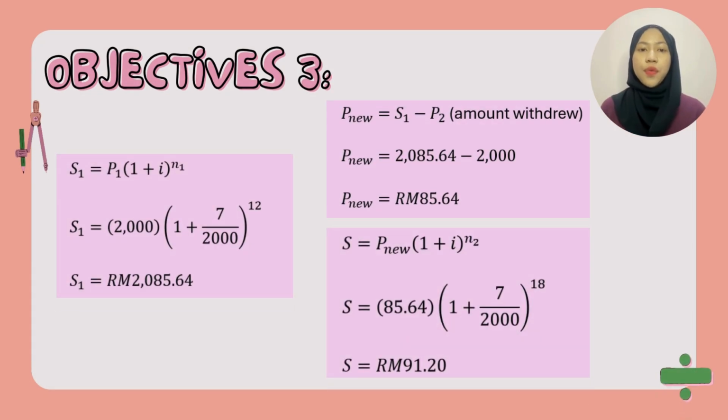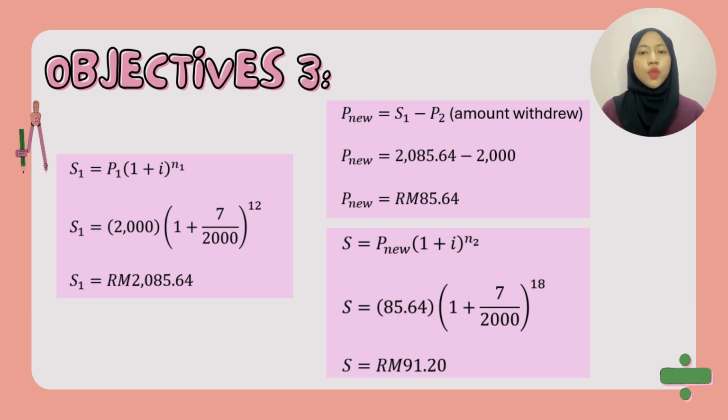Continue objective 3. S1 equals P1 times (1 plus i) to the power of N1. S1 equals 2000 times (1 plus 7 divided by 2000) to the power of 12. S1 equals RM2,018.64. P new equals S1 minus P2, where P2 is the amount withdrawn.